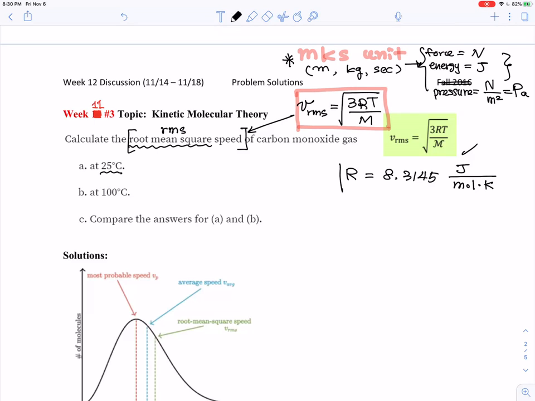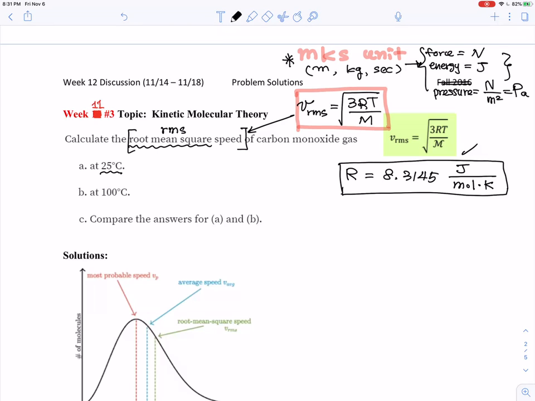This is different from 0.00821 atm liter divided by mole Kelvin. The energy unit in the numerator is a joule, and so therefore all the units can be understood in the following way.